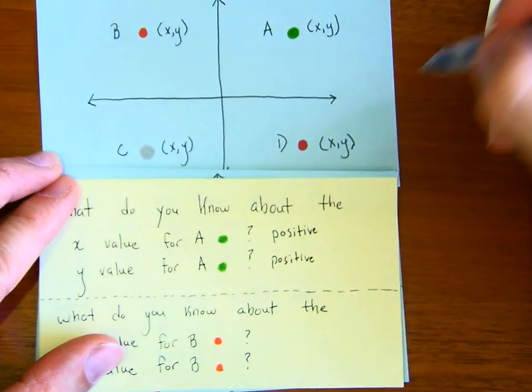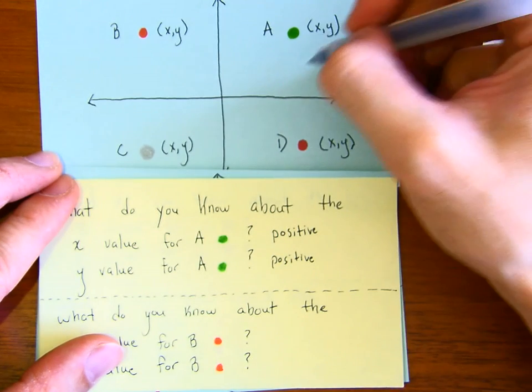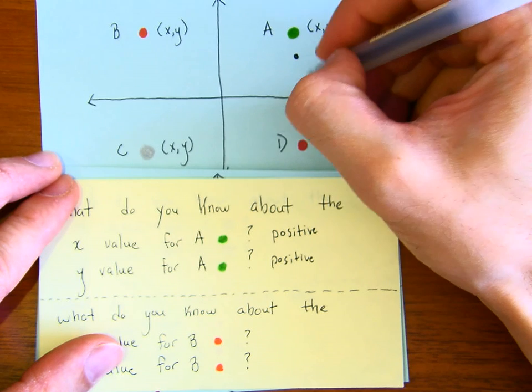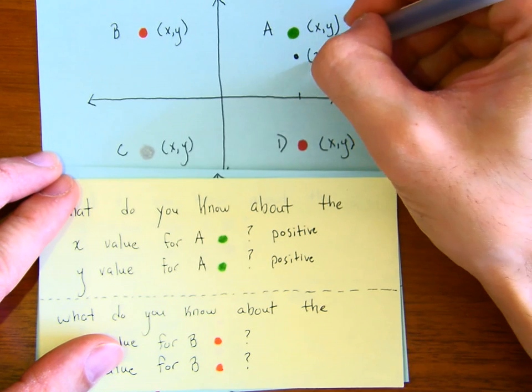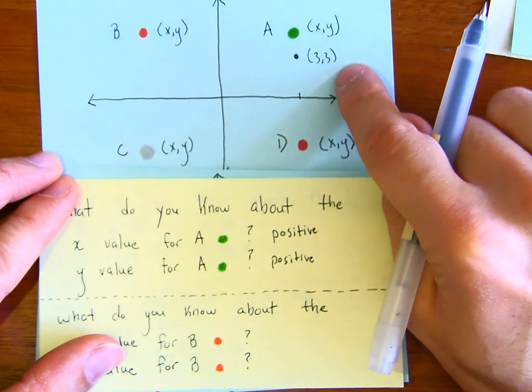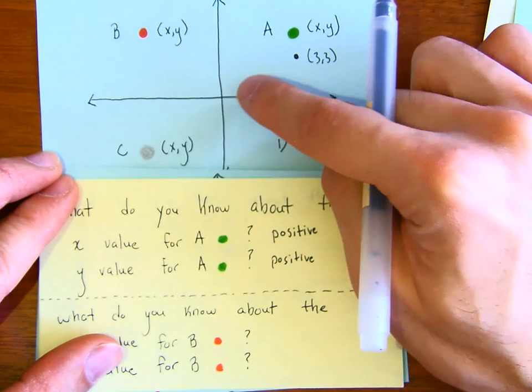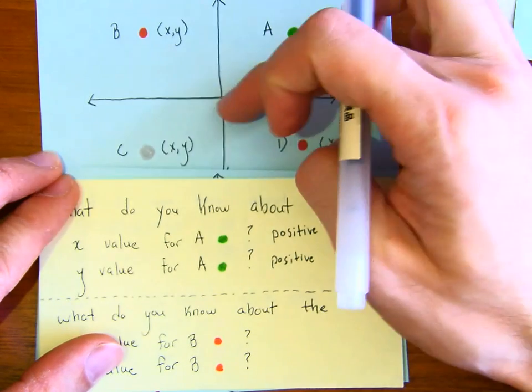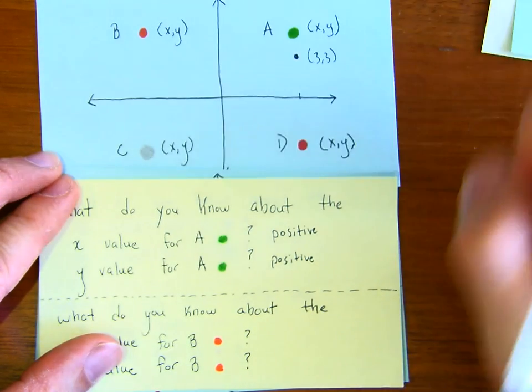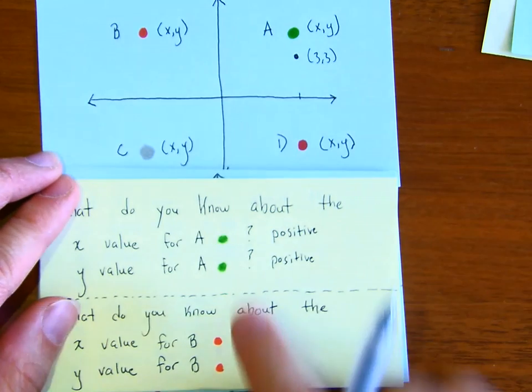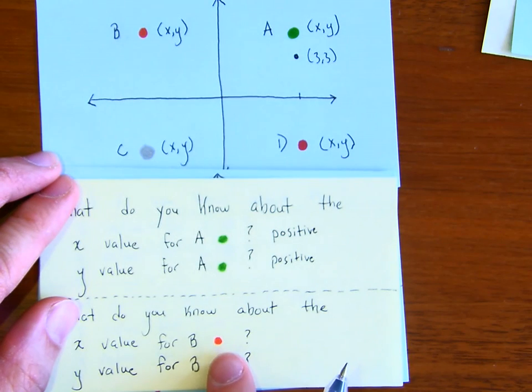Because let's say, what's a point that exists over here? Like let's say if you had 3, 3. 3, 3 can exist over here because all your x values are positive and all your y values are positive here. What about point B? What do you know about point B for the x value? And what do you know about point B for the y value?